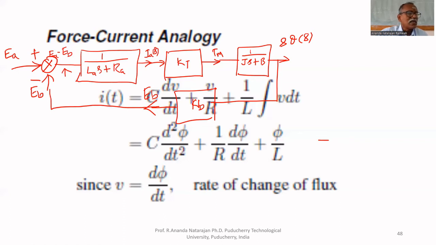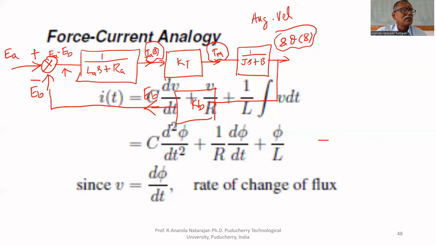EA minus EB is given as input, that will give IA as output. IA is given as input, TM is the output. If TM is given as input, S theta of S, that is angular velocity, is the output. S means differentiation.